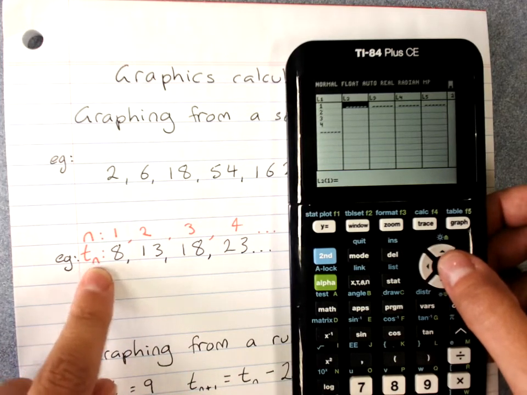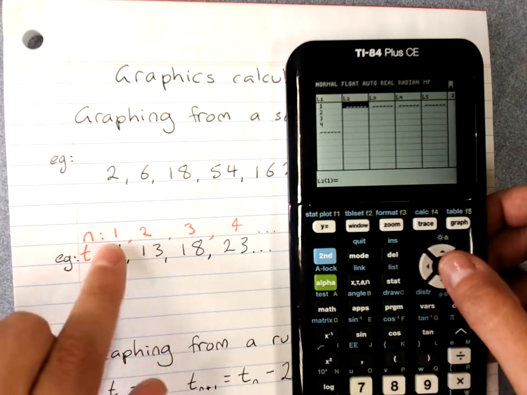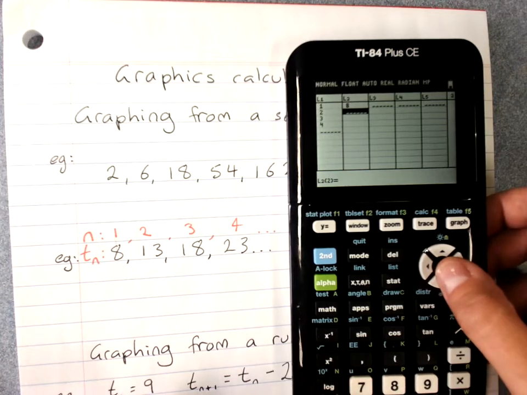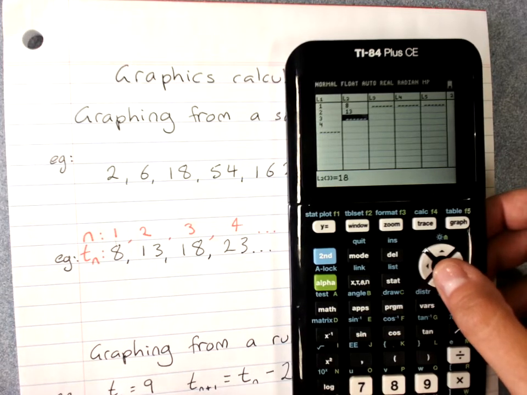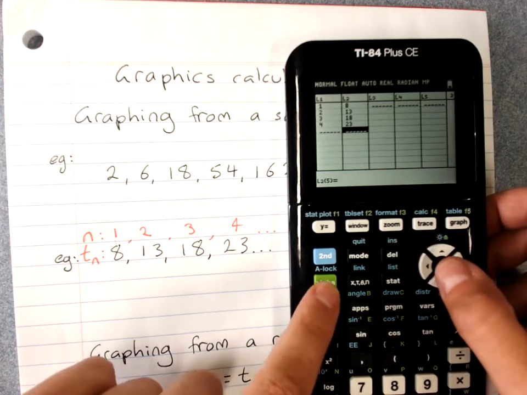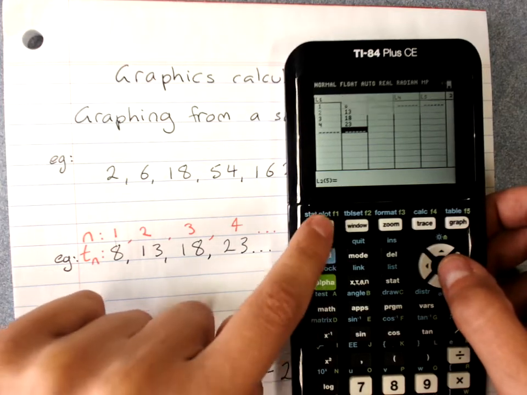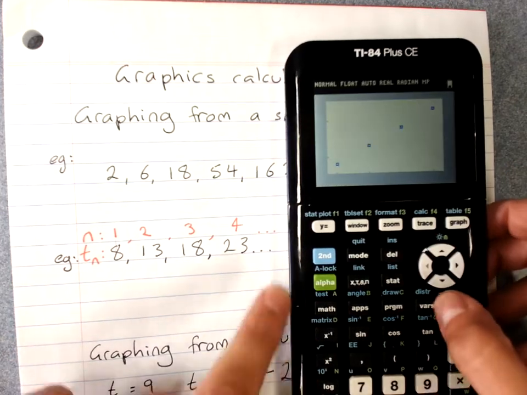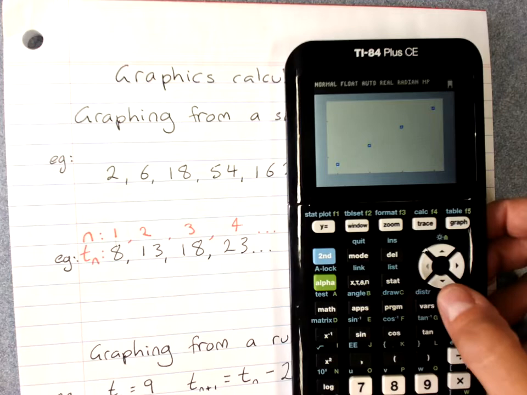And the term, the value of it, depends on what position it's at. So our y is tn. And as long as I've left scatter plots on, which I have, then Zoom 9 will graph my number pattern.